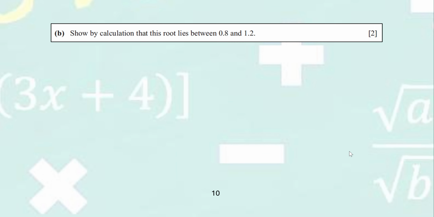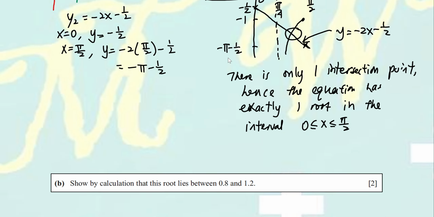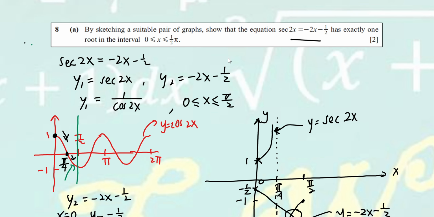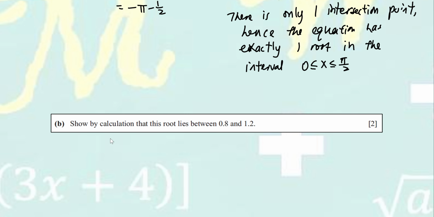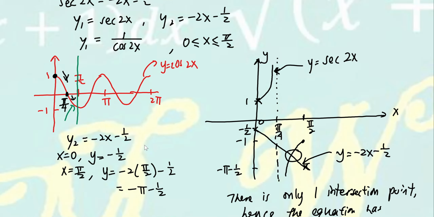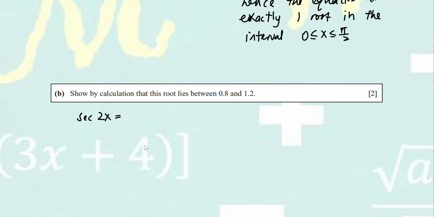Okay, B, by calculation, show that the root lies between 0.8 and 1.2. So now we refer back to the equation. This is the equation, and rearrange it. So I will write sec 2x equals to minus 2x minus half.